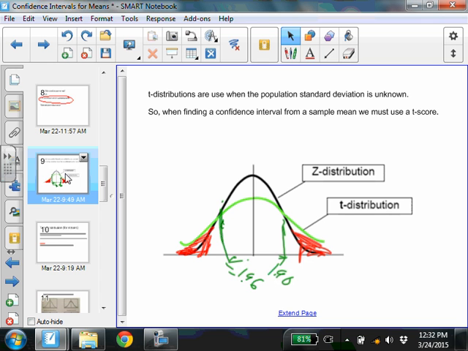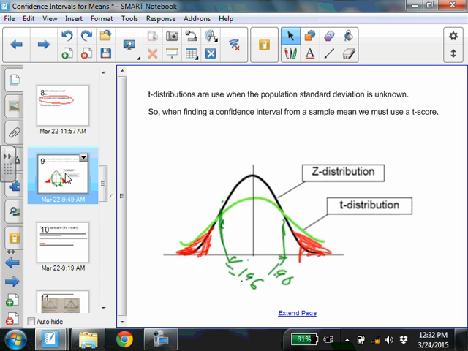Since we don't know the population standard deviation, we're not going to be able to use it when we use a t-score. So where do you think we're going to get our standard deviation from? That's right, from the sample. Now that we're using a sample standard deviation and a sample mean, there's a lot more variation than when we use a sample mean and a population standard deviation.